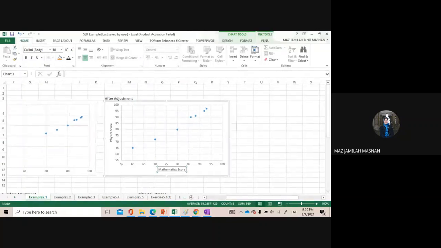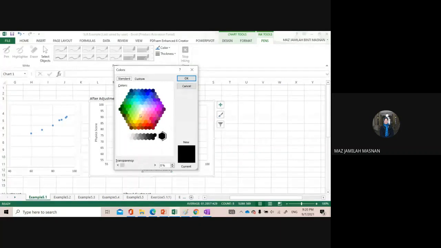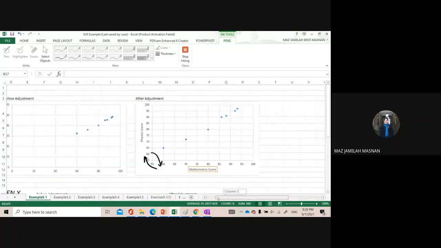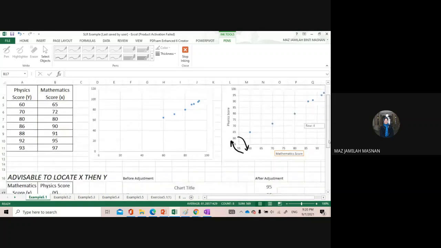Okay, so they change the place here. So please make sure you are referring to the correct axis. So let's say I use my x in the first column and followed by my y in the second column.